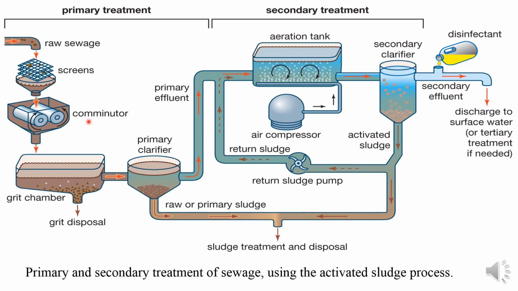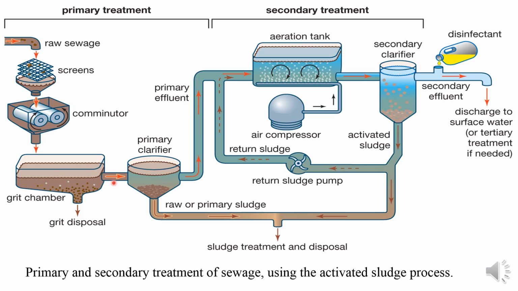Then there is a comminutor. That comminutor further grinds the larger particles which pass through the screens, and then that is allowed into the grit chamber. In the grit chamber, again some suspended particles settle down and they are removed from the water.